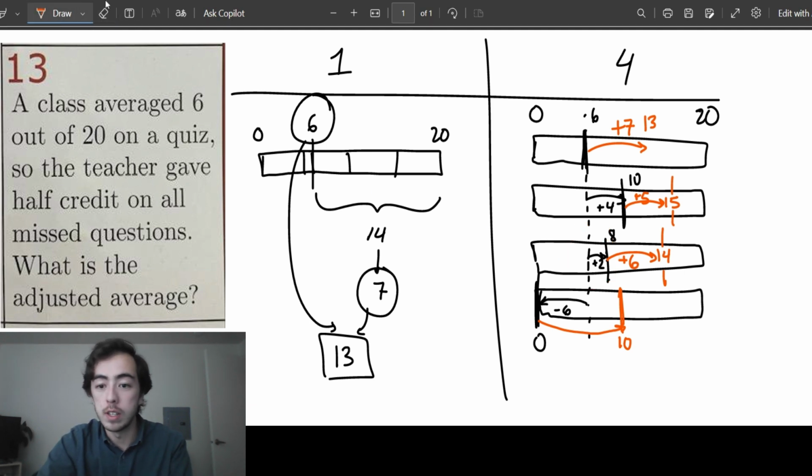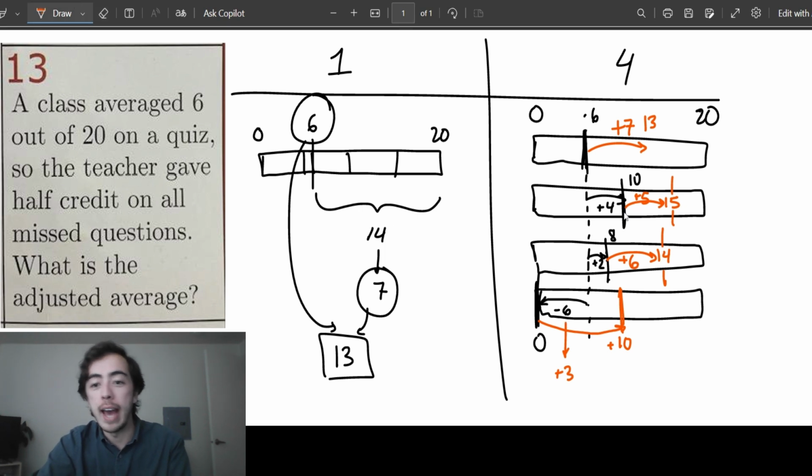And then conversely, we are adding even more bonus points to this student. So since they were 6 fewer questions than the average, that would suggest that we would add on 3 more bonus points than the average kid of this +7 right here.